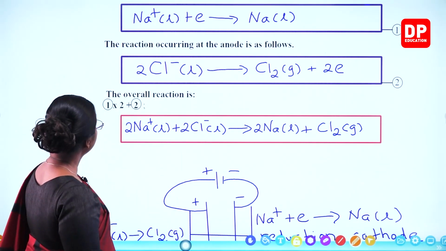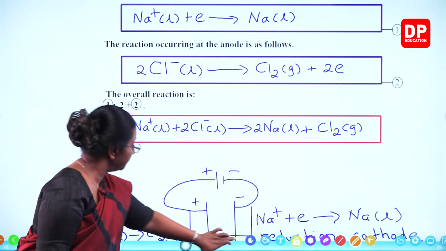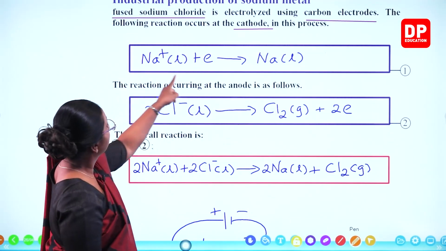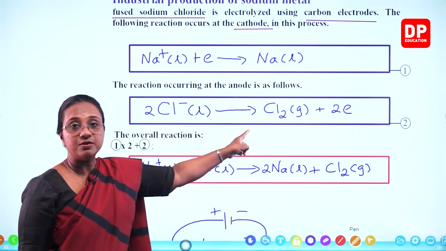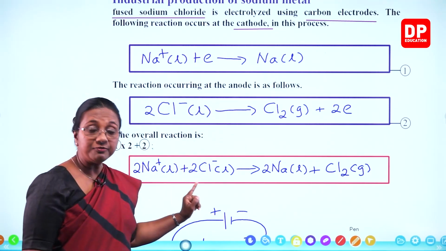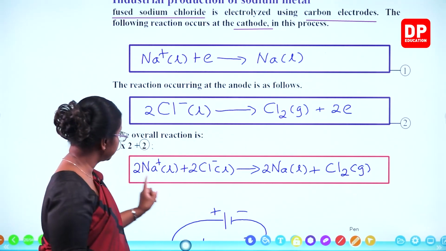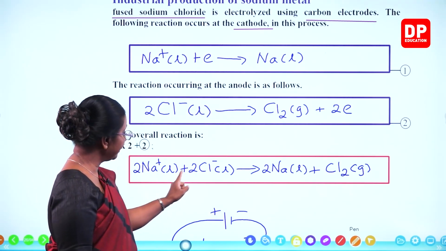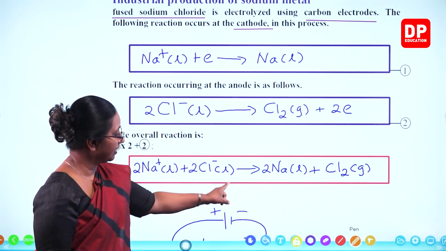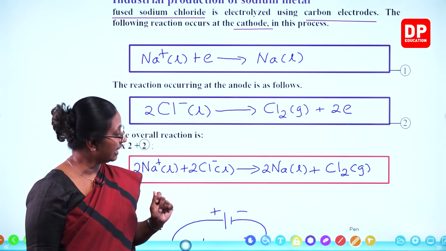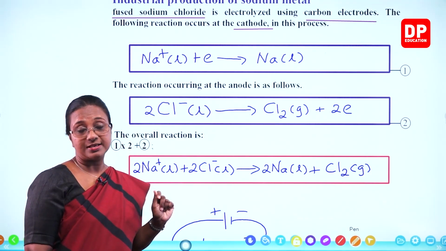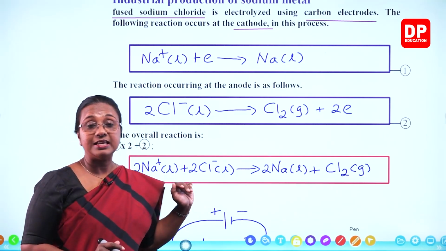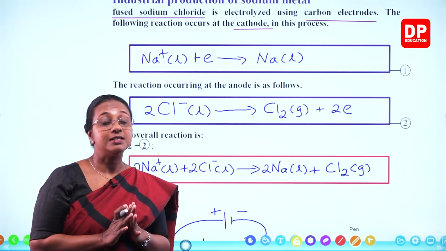So that is what you get. You have the two reactions, the cathodic reaction and the anodic reaction. After balancing the number of electrons, you get the overall reaction like this. Is that clear, students? So these are the reactions taking place in the electrolytic cell.